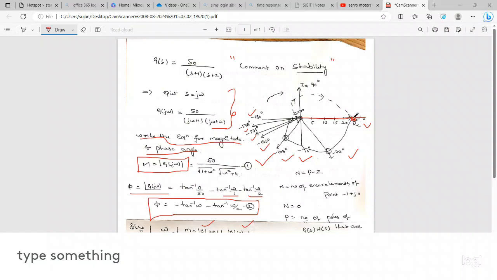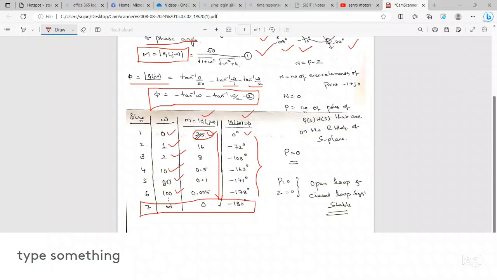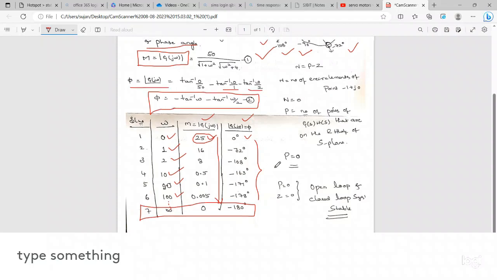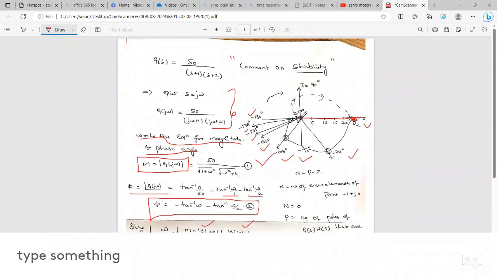So I mark 25 here. Next, for 72 degree, what is the magnitude value we need to mark? 16. To mark 16, take a scale from here and mark the point where exactly the 16 matches. So that is the value.